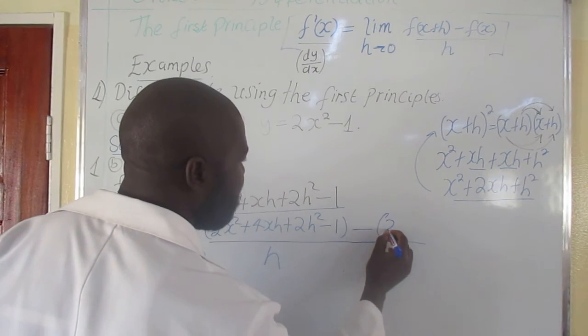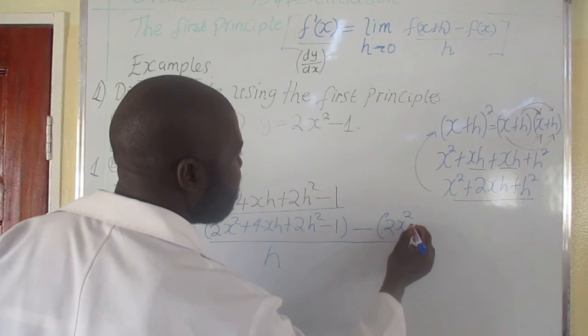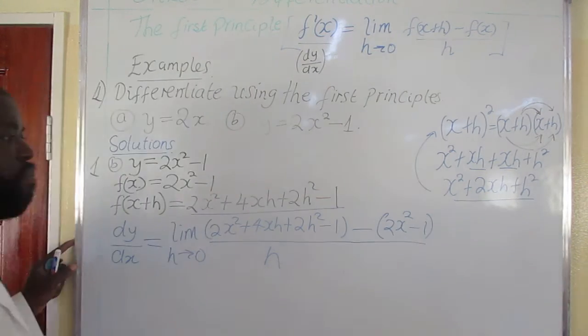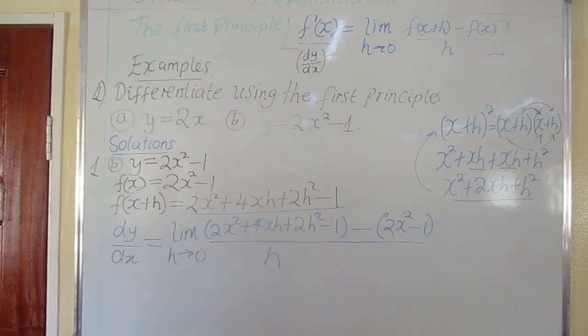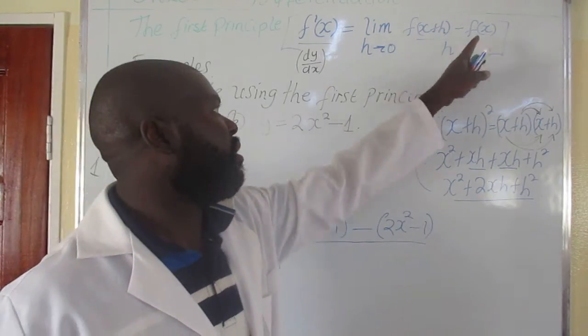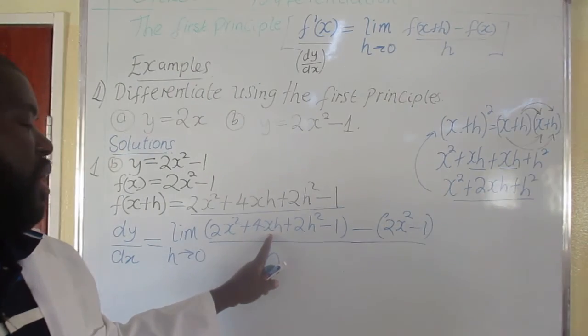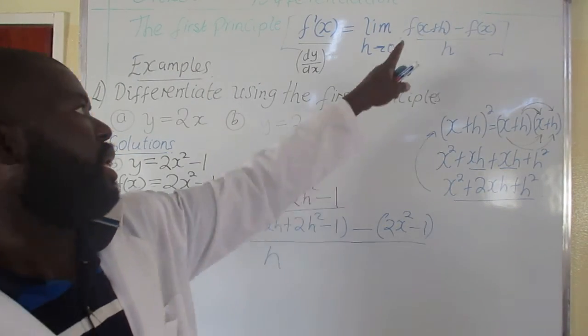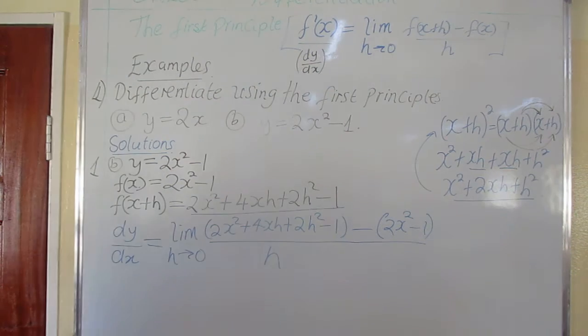So remember, whatever we substitute, we put it in brackets. So this is our f of x, as in our formula. This is our f of x plus h, as in our formula. Then we have h.